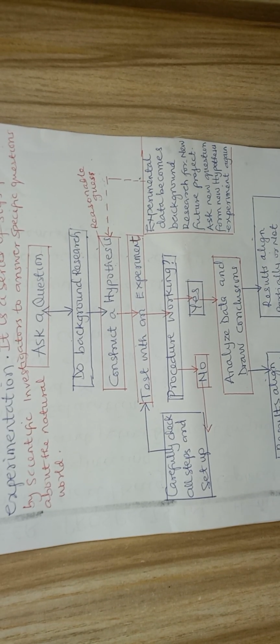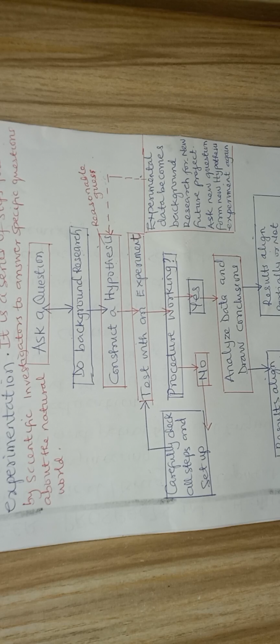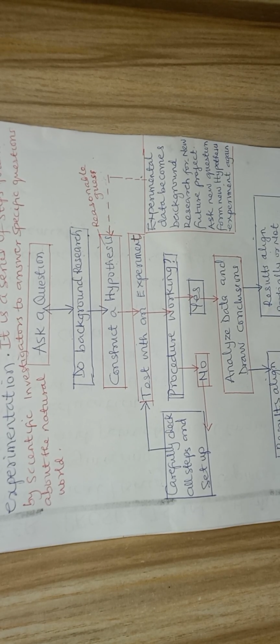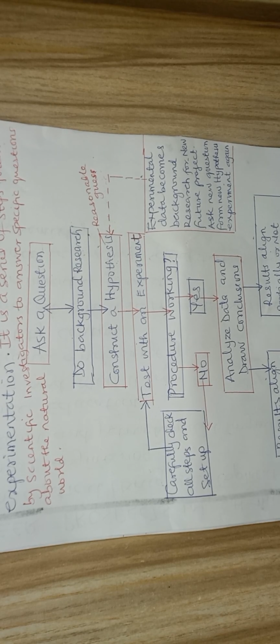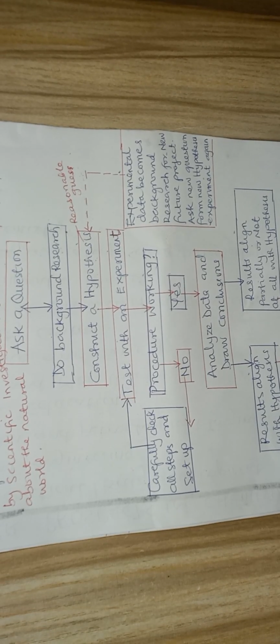Now, the materials used will be written down, and the reagents or chemicals used as well. Then the next one is the procedure, that's the steps you took in carrying out the experiment.